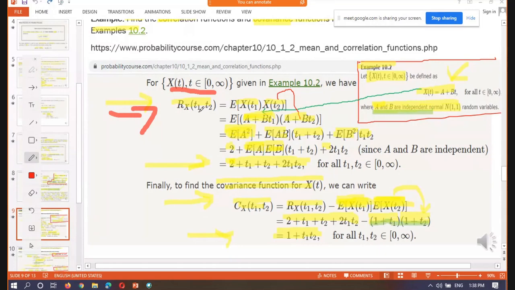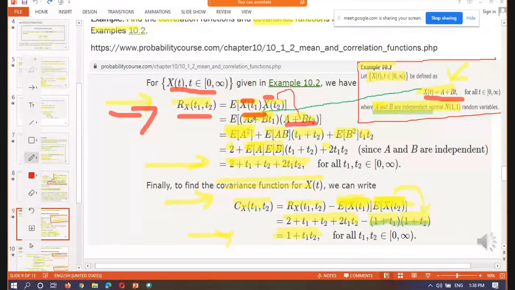The autocorrelation formula is R_X(t1, t2), the expectation of X(t1) X(t2), and then you have to substitute the values of X(t1) and X(t2). In this question, for example 10.2, X(t) is defined as A plus Bt. In this, you replace t by t1 and get A plus Bt1, and t by t2 and get A plus Bt2. Now you multiply these two.